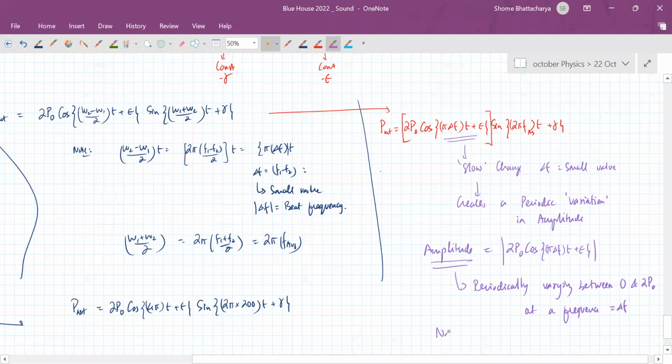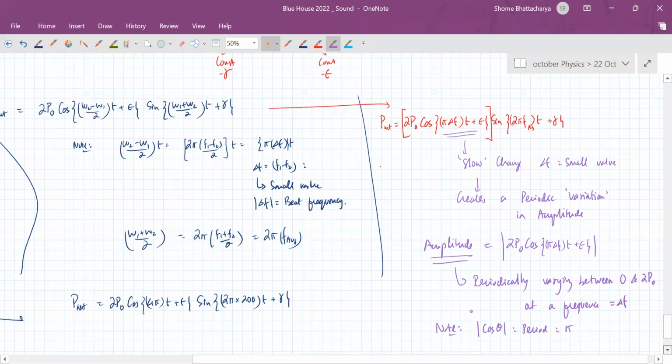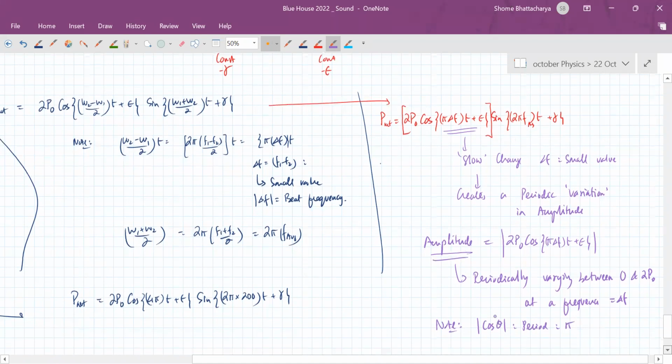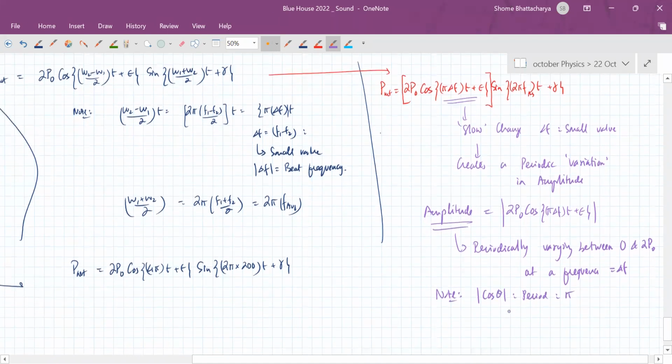So the thing to understand here is that mod cos theta has a period of pi. So mod cos pi delta f into t will have a time period of 1 by delta f, or a frequency of delta f.